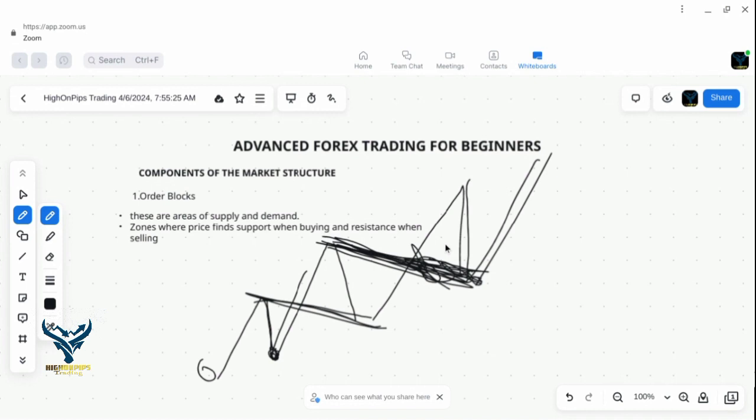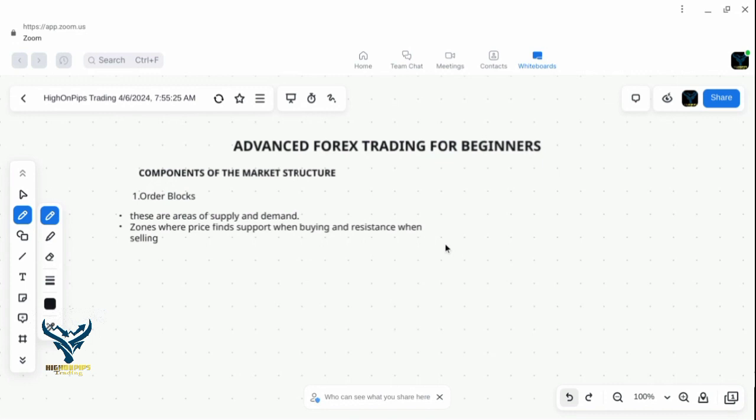There are so many components such as fair value gaps and mitigation blocks, but I want to specifically focus on order blocks. Even in a bearish or selling market, there are also order blocks.